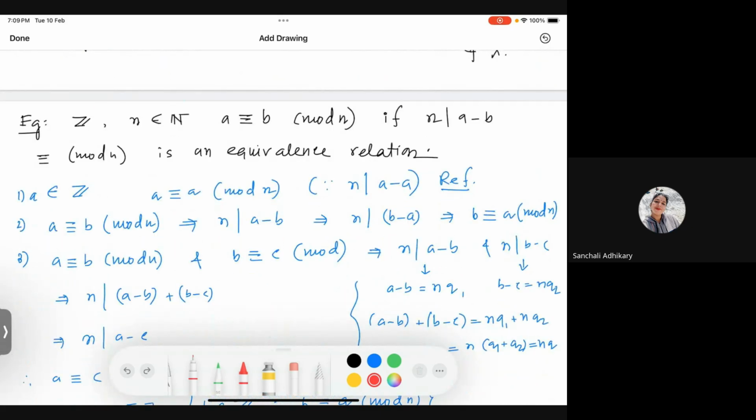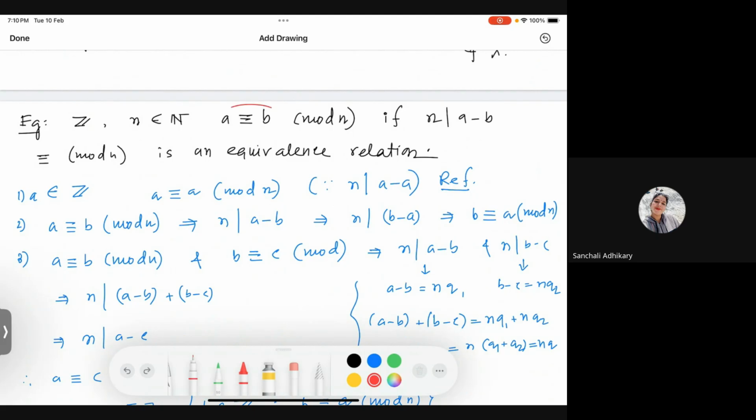Okay. I have a set Z. Now take a natural number. This is a fixed N. Now I am defining an equivalence relation. I am saying A is related to B if N divides A minus B. Okay.